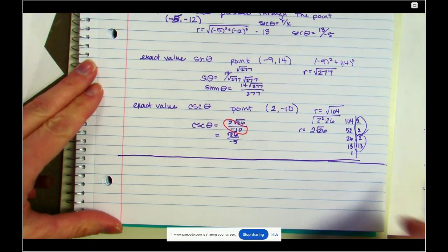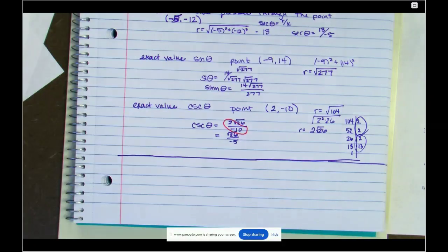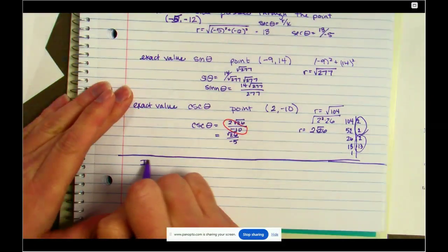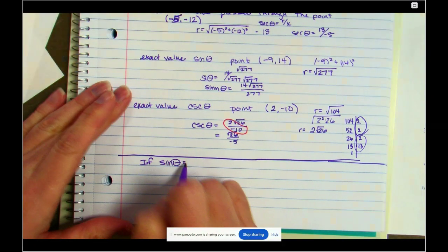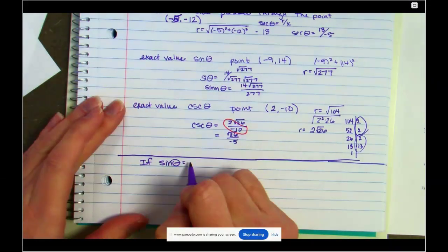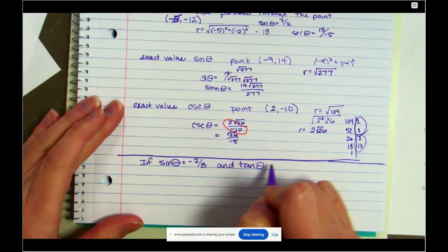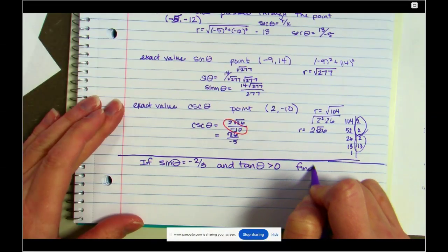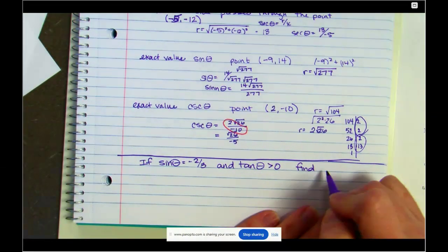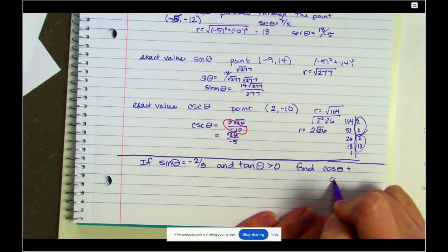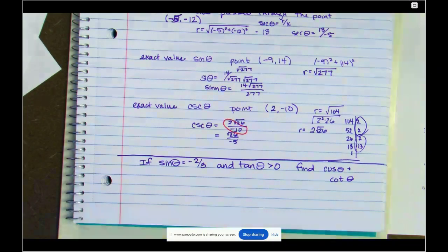So another way, okay, so it looks a little bit different here.